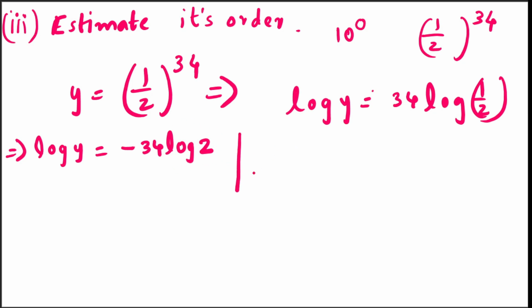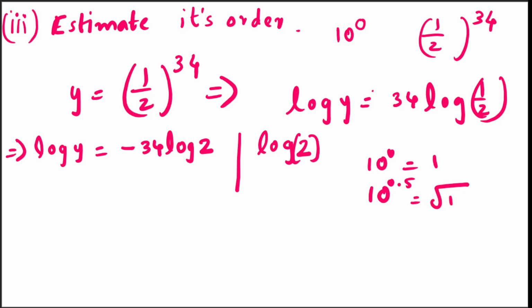Similarly, we have to estimate the order of log 2. It is simple. 10 raised to 0 is 1, right? 10 raised to 0.5 is actually root 10, which is greater than 3.